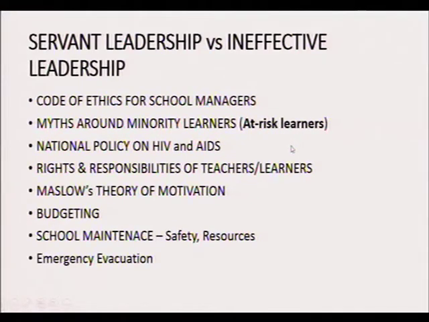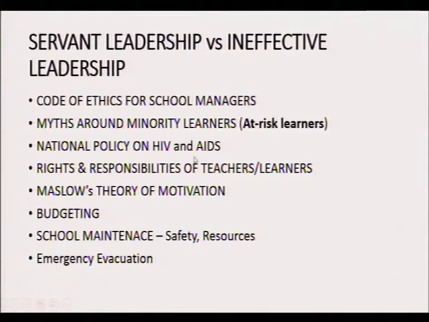There are certain perceptions which we call myths. It's not proved, but there are certain perceptions around minority learners, and you need to study what these myths that are formed around minority learners are and describe them.